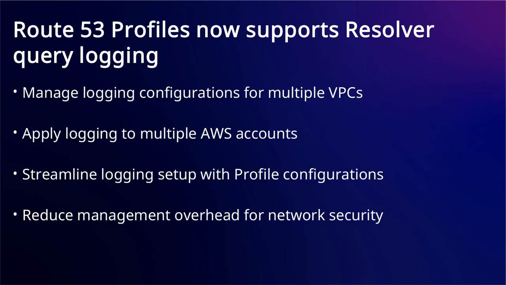By using profile configurations, you can streamline the logging setup process. This reduces management overhead for network security teams and simplifies compliance auditing by providing consistent DNS query logs across all accounts and VPCs. You can access this feature through the Amazon Route 53 console or AWS CLI in supported regions.